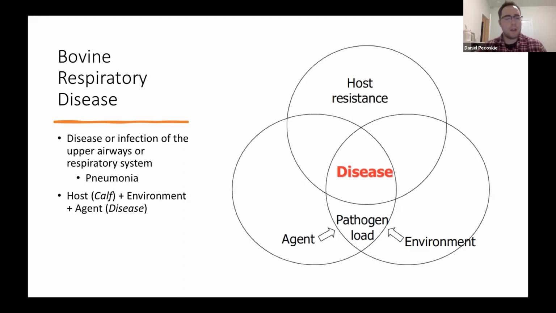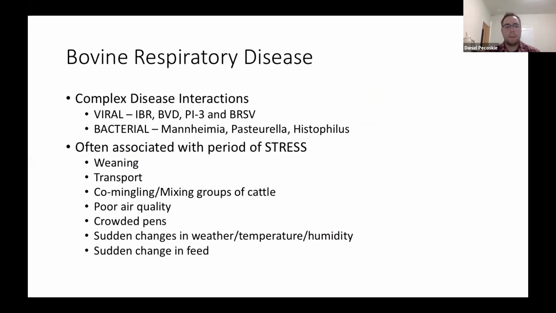From the calf side, we have certain things like vaccinations that we can use, the environment, a clean environment, healthy growth of calves, and the stress that they're exposed to.